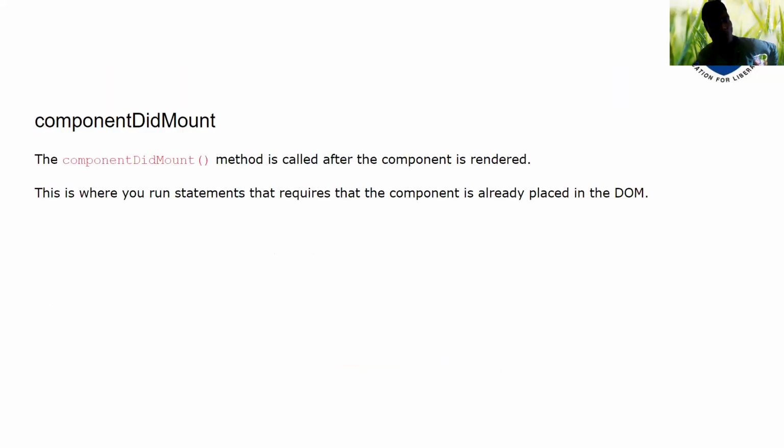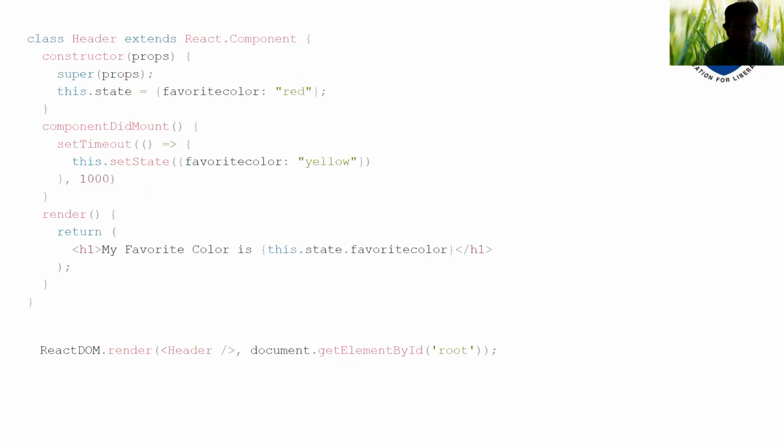componentDidMount. The componentDidMount method is called after the component is rendered. This is where you run statements that require that the component is already placed in the DOM. Example: class Header extends React.Component, constructor(props), super(props), this.state favorite color red, componentDidMount, setTimeout, this.setState favorite color yellow, 1000.